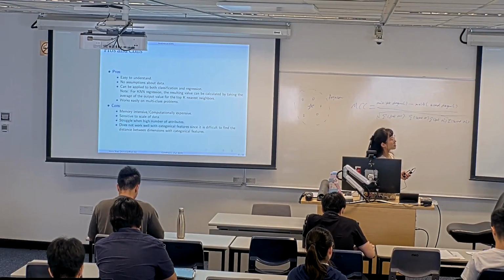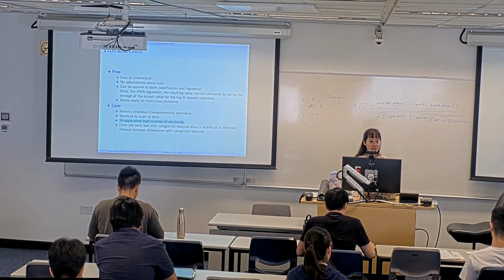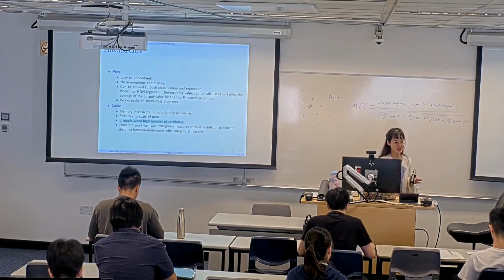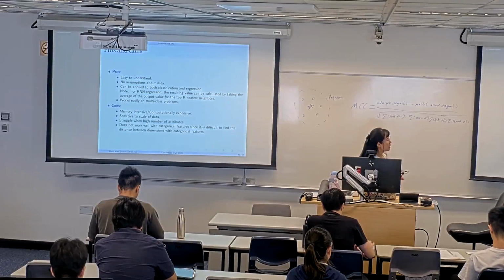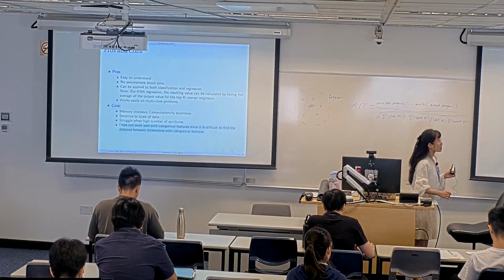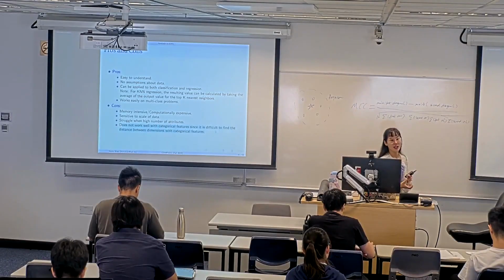KNN also struggles with a high number of attributes, that is, when the data dimension is too high. Computing the pairwise distances takes lots of time and lots of memory. And it does not work well with categorical features, since it is difficult to find the distance between dimensions with categorical features.